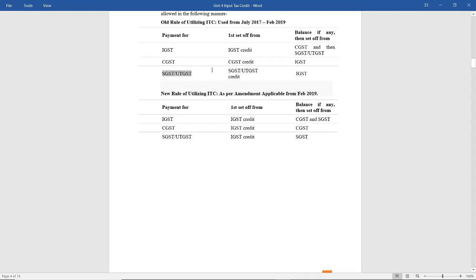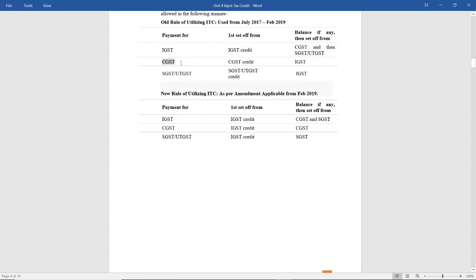So remember, in the old rule, first the utilization was made towards the respective heads, and then the balance remaining was used to pay other taxes. Suppose IGST payment is being made, IGST credit is used for that. If surplus is still remaining under IGST credit, it could be used for CGST or SGST payment, first CGST payment and then SGST payment.